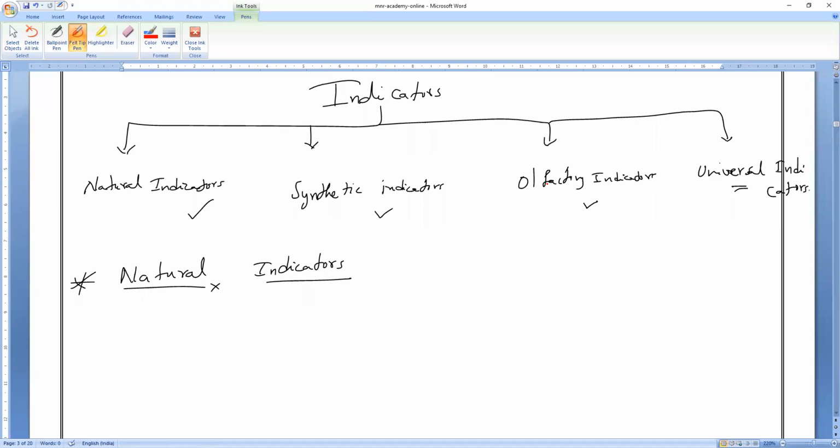These are basically natural indicators. We obtain them generally from plants, so those substances we call natural indicators.